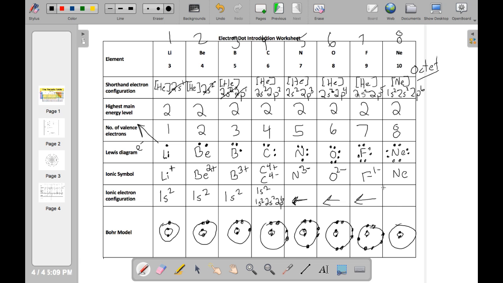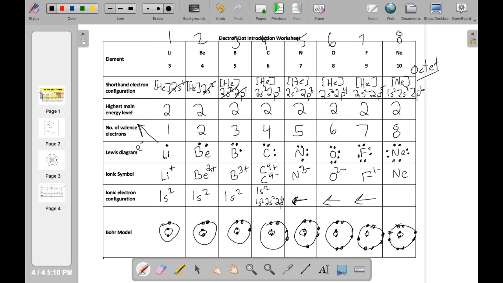Now keep in mind the first 3 periods are much easier. As you go down the table, it gets way more complicated. And this is also why, in my opinion, Bohr models really aren't very useful after about the 3rd or 4th period, because it just gets way too cluttered.